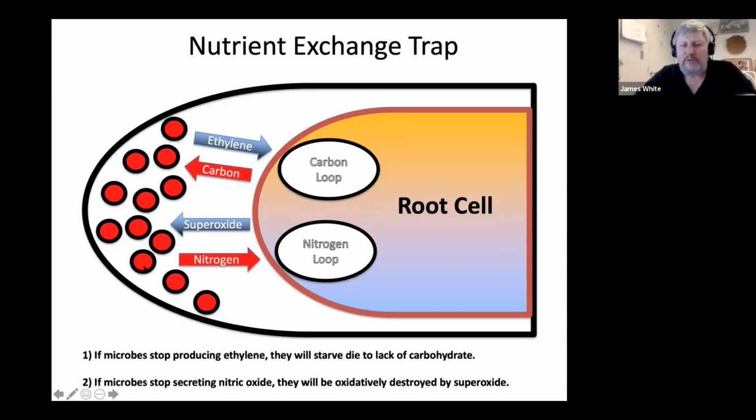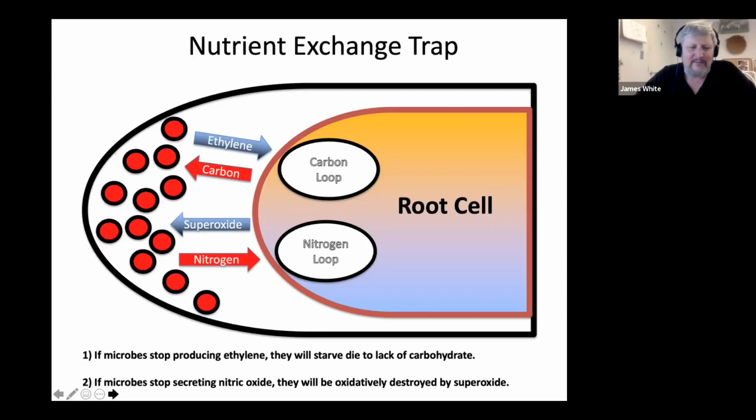So this forces them to keep fixing nitrogen, under certain circumstances whenever possible, and then use that nitrogen to make nitric oxide. Okay, so you have these loops, and the microbes cannot exit from either of these loops. Only when they're ejected can they get out of these hairs.